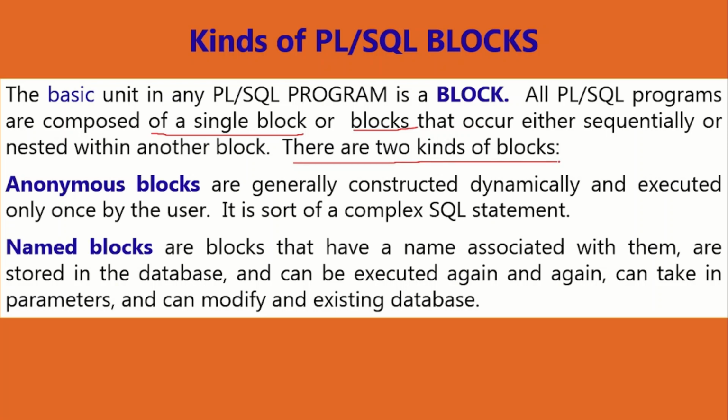Originally there are two types of block. One is an anonymous block, a block without a name, and the second is a named block, a block of code with a name. An anonymous block is a simple PLSQL block, and a procedure or function can be an example of a named block.